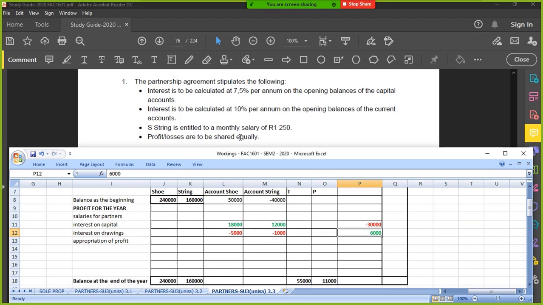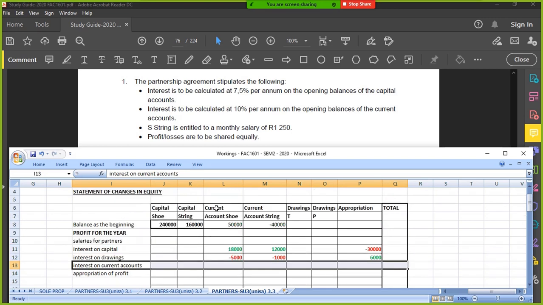Okay. What else? Next. Interest is to be calculated at 10% per annum on the opening balance of the current accounts. Okay, something different. Interest on current accounts. Why would you get interest on current accounts? Because remember, the current account is representing their entitlement or what they owe the business. So if you look at shoe and string, remember this is something that you would negotiate as part of the agreement before you sign the contract.